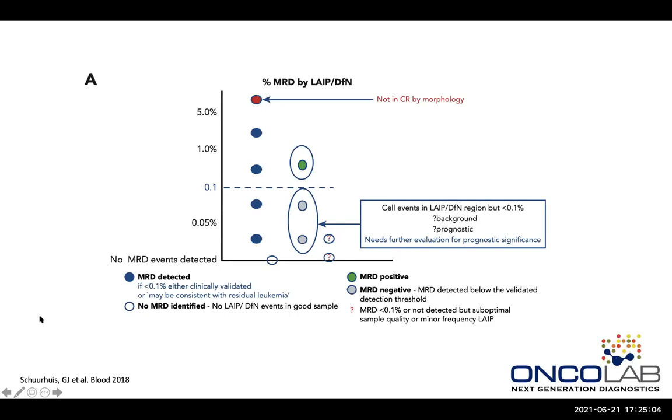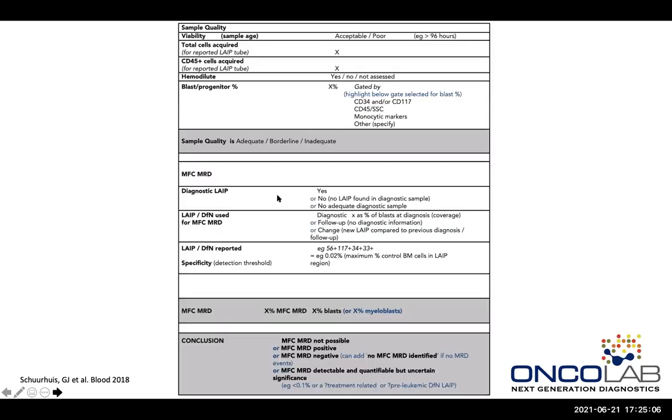Also, in their report, standard parameters, you must comment on sample viability, the total cells acquired, the number of CD45 cells acquired, because there are very good guidelines to determine what your maximum sensitivity is based on how many cells you acquire.